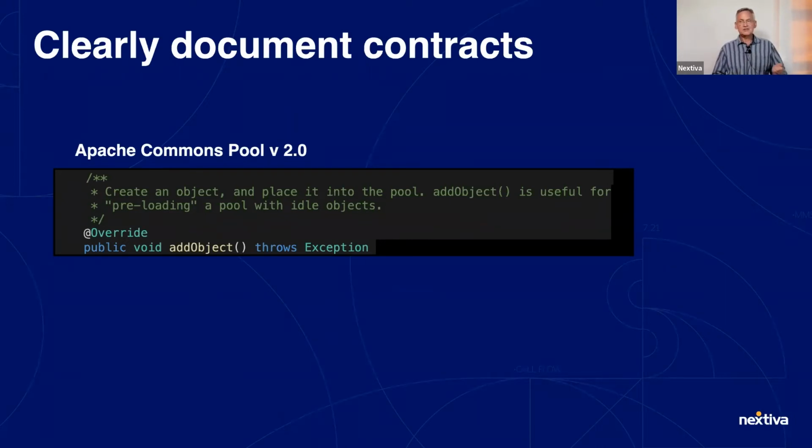It has a method that says, let's shove some new stuff in. Fine. And it tells you that that will be useful for preloading pools. But a question that you might have, and that I actually had when I started working on this thing, was, well, what's supposed to happen when you want to add an object, but there's no capacity to add it?